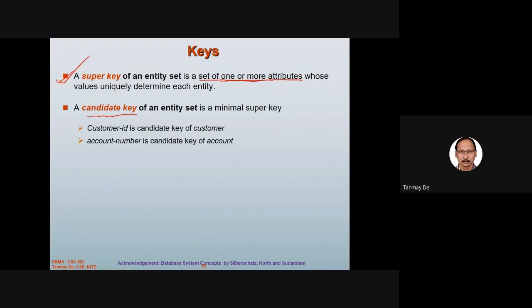What is the super key? A super key is a set of one or more attributes whose values uniquely identify each of the entities in the entity set. So the candidate key is the minimal super key, meaning the minimum number of attributes whose values uniquely identify each entity in the entity set.